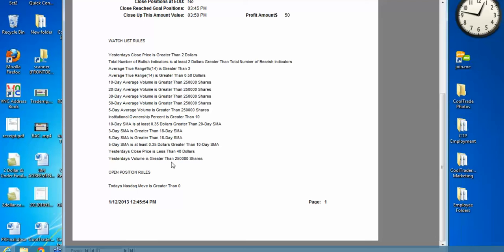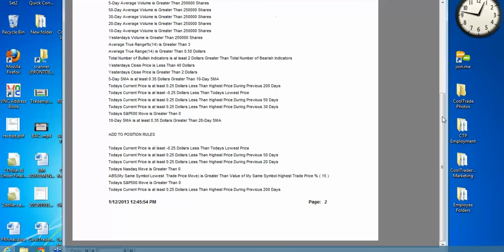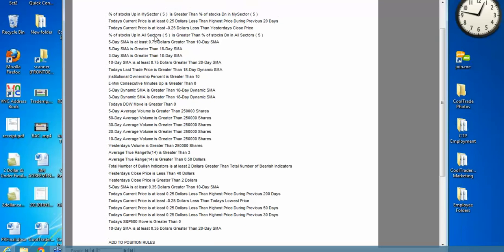So maybe there's 60 of them that meet your criteria. Then the robotic trader goes to the open position rules. So today's NASDAQ move has to be greater than 0, and then all these other rules are in here on this conservative one. All of these rules have to be true in order for the robotic trader to open up the position.